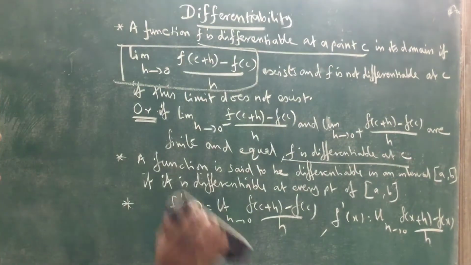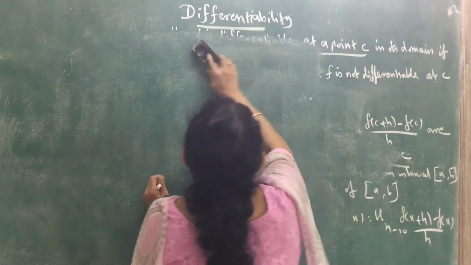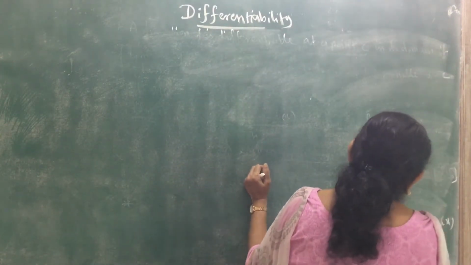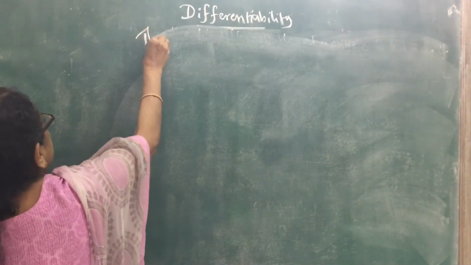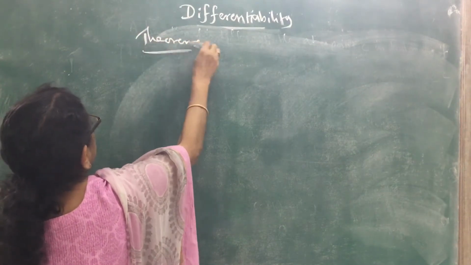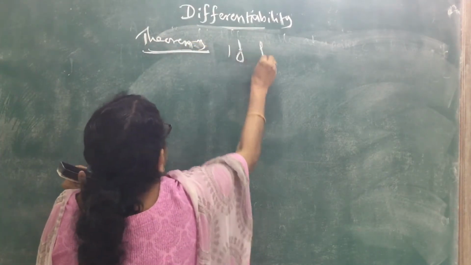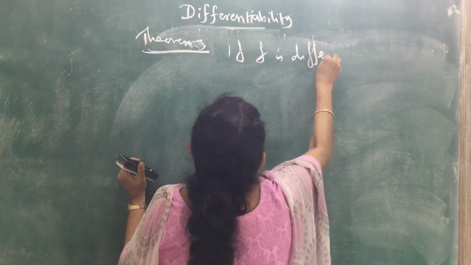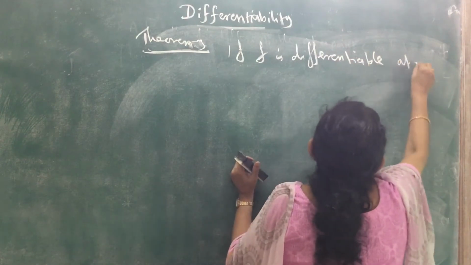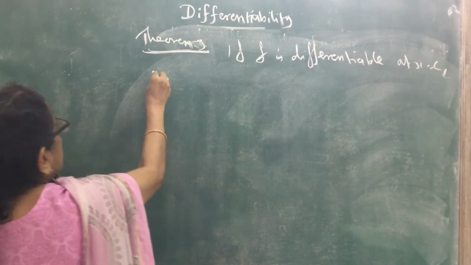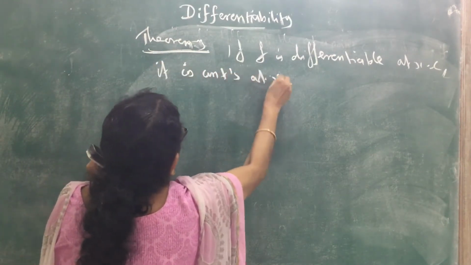Now we can prove Theorem 3. If f is differentiable at x equal to c, it is continuous at x equal to c.